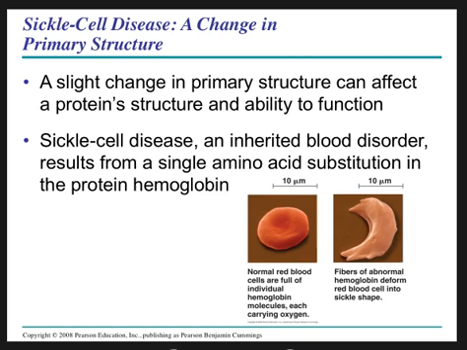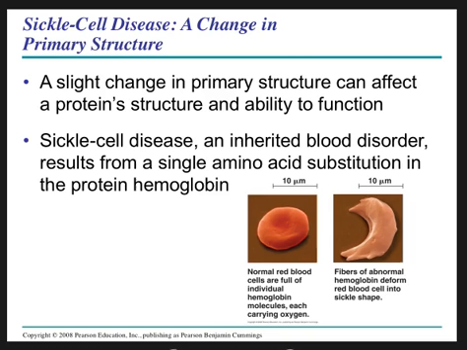But in these 2 images here, down on the bottom of your slide, you can see on the left a normal red blood cell. Normal red blood cells are full of individual hemoglobin molecules, each carrying oxygen. What we see structurally, physically, in that red blood cell is a biconcave disc.